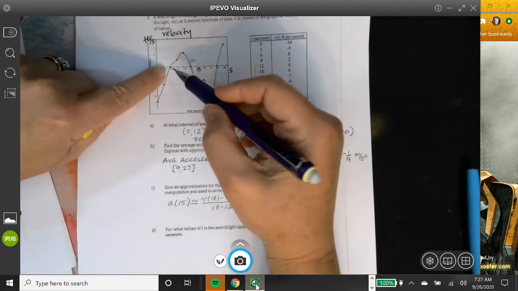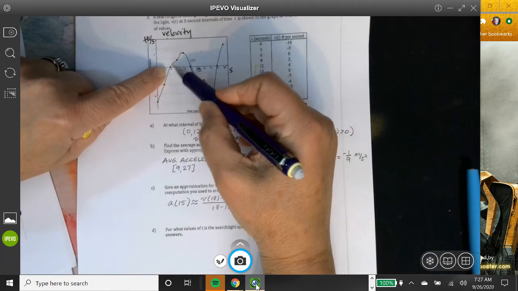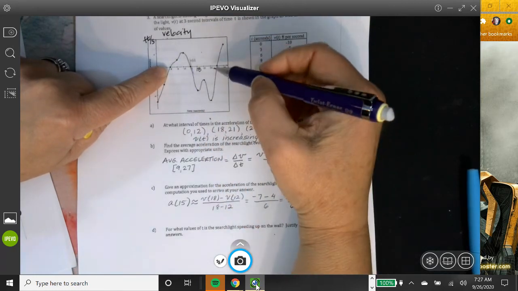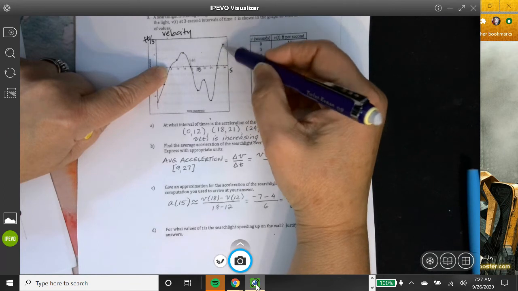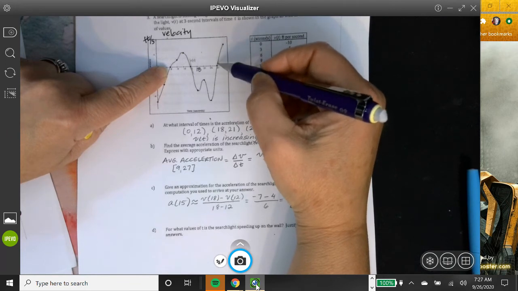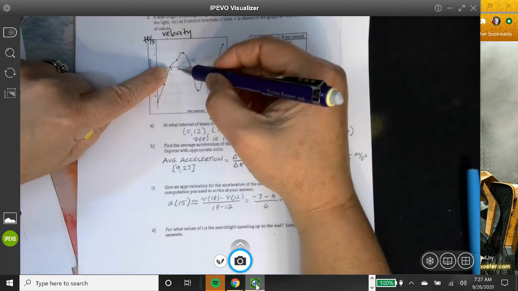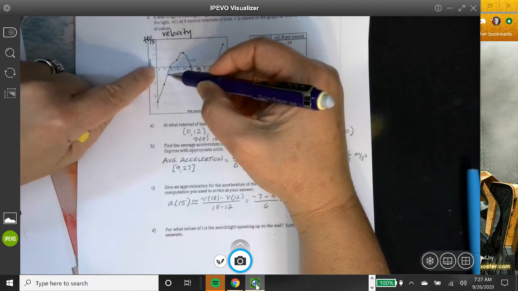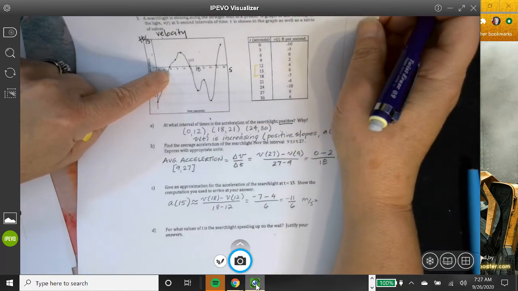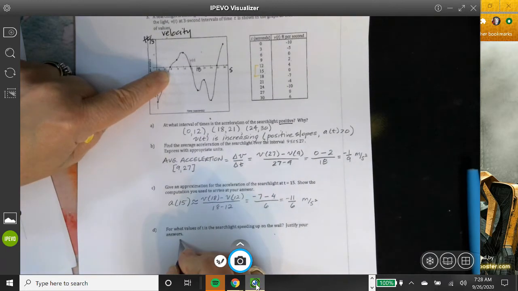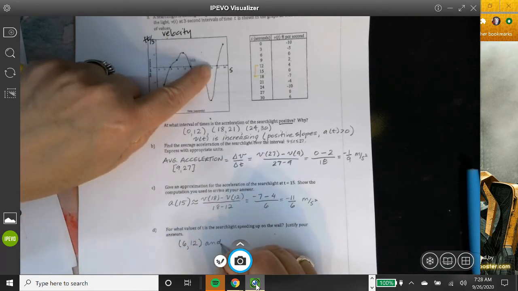And it looks like that happens between here and here, and here and here, right? Because both the y values and the slopes are positive. So I'm going to say from 6 to 12 and 27 to 30.